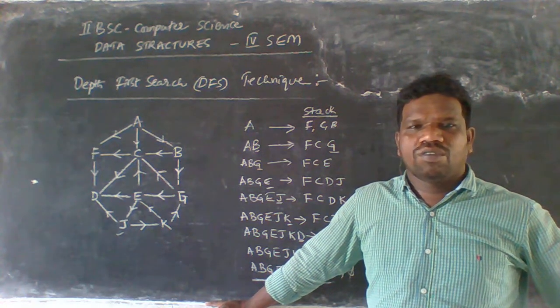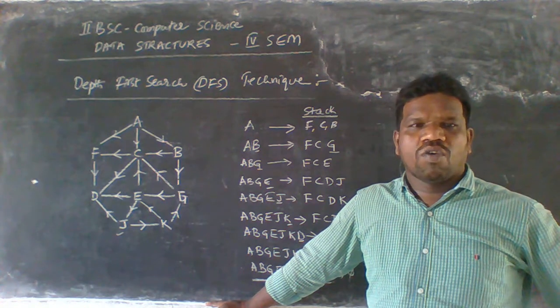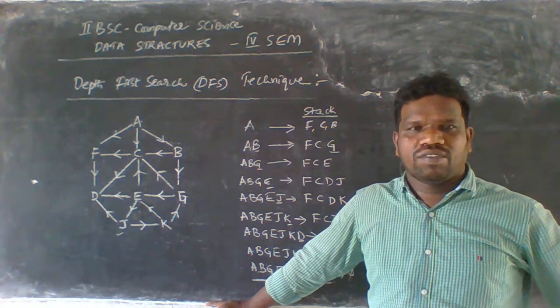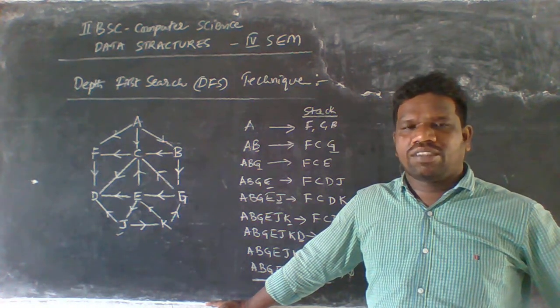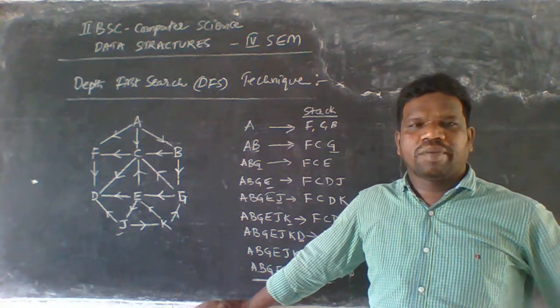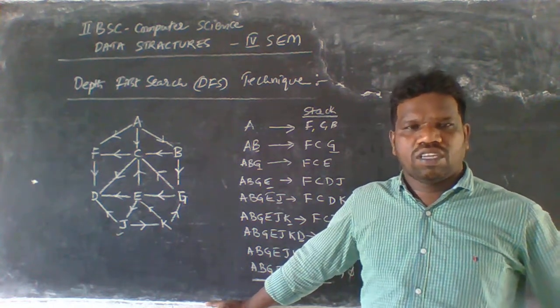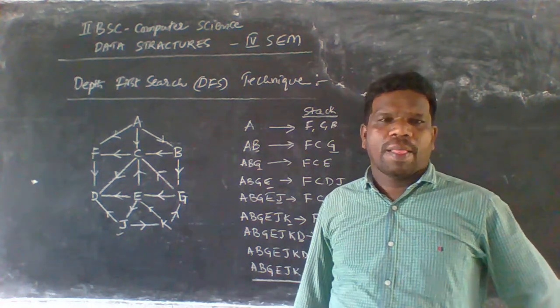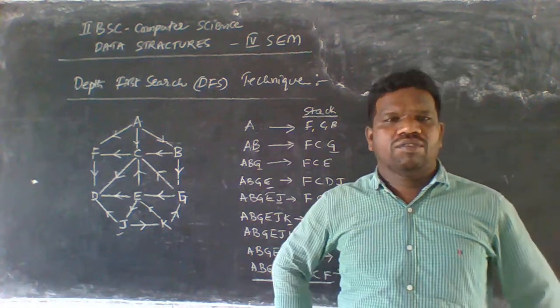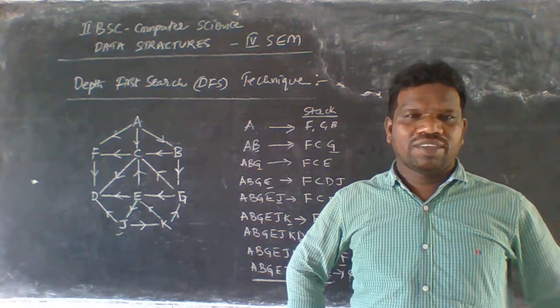Okay, so in the public examination they ask, write about the graph traversal techniques. In this scenario we have to write both DFS and BFS here, and sometimes they ask directly, write about the depth first search or write about the breadth first search, and we have to describe only a single graph traversal technique here.